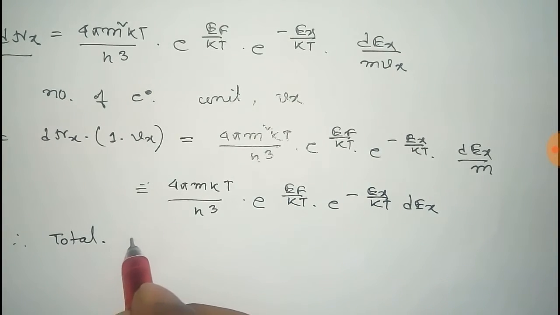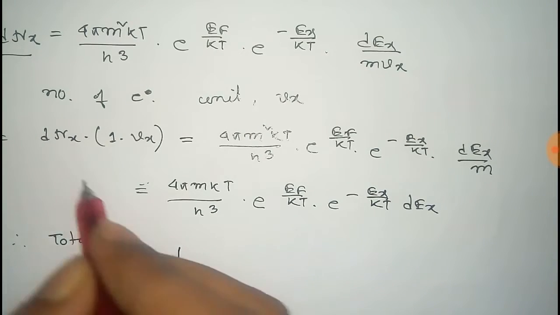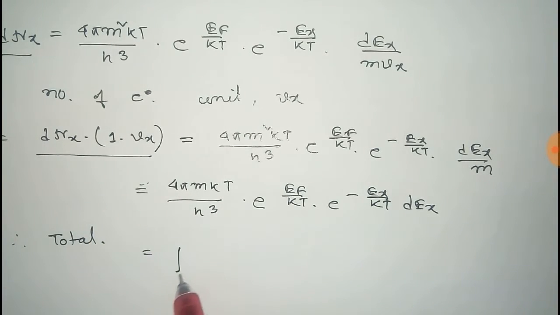Now the total number of electrons coming out of the metal is the integral of dnx into vx.